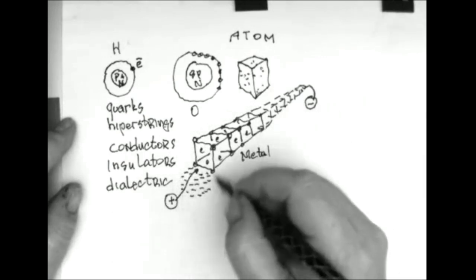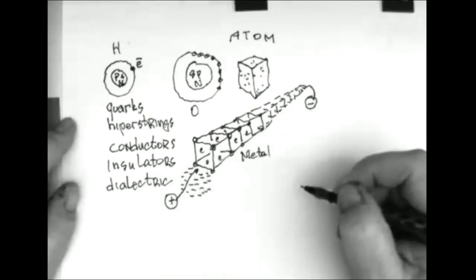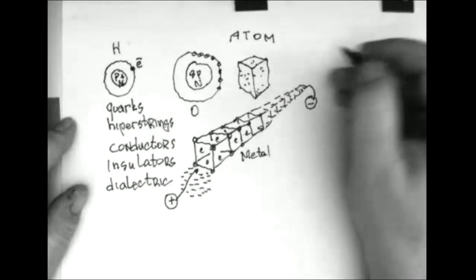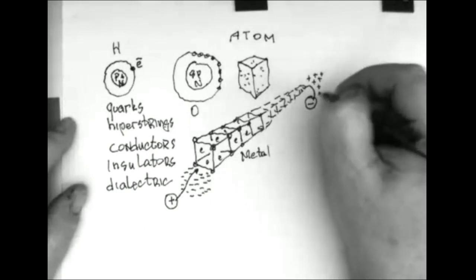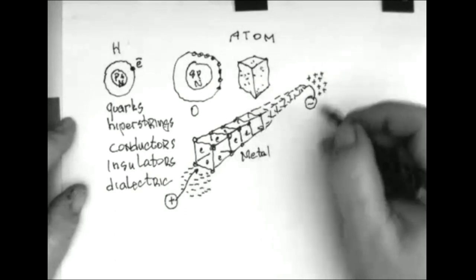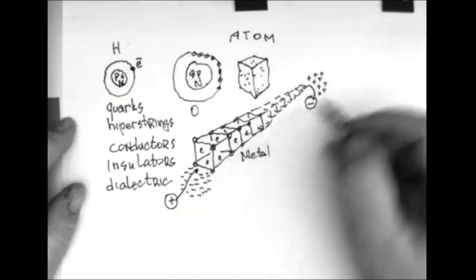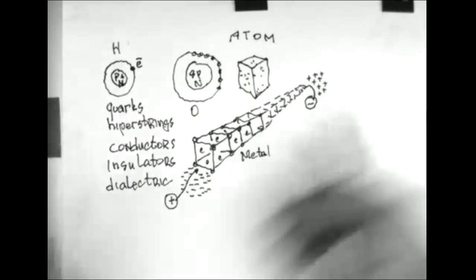But if we concentrate negatively charged electrons on one end, the other end must be charged positively. So positive charge will be on the other end. And the number of charges will be equal because that material is electrically neutral.